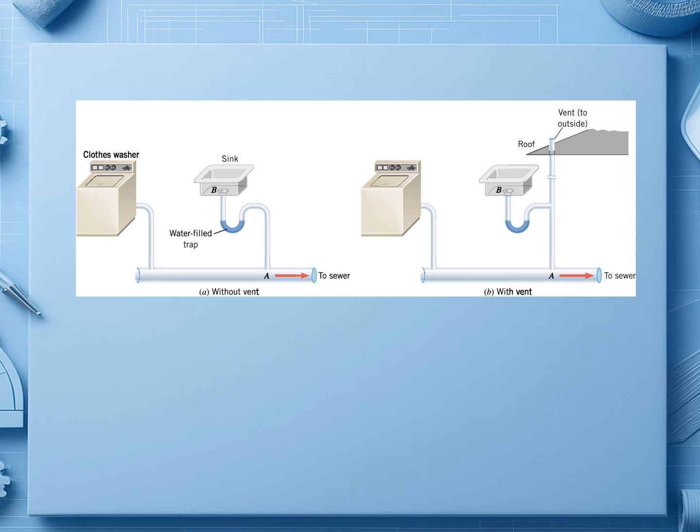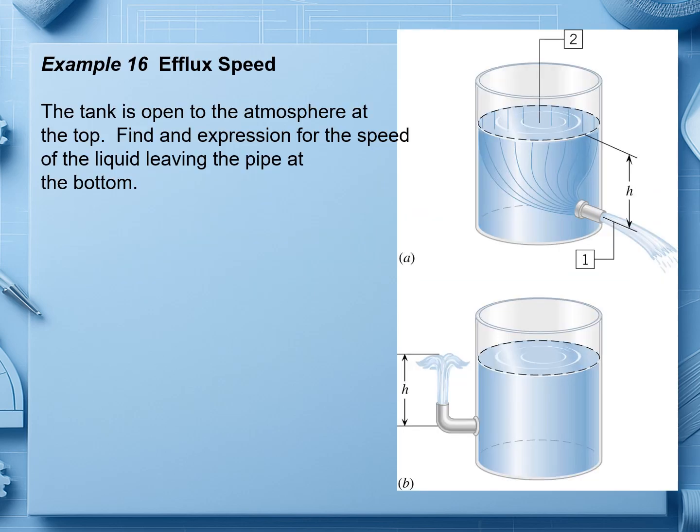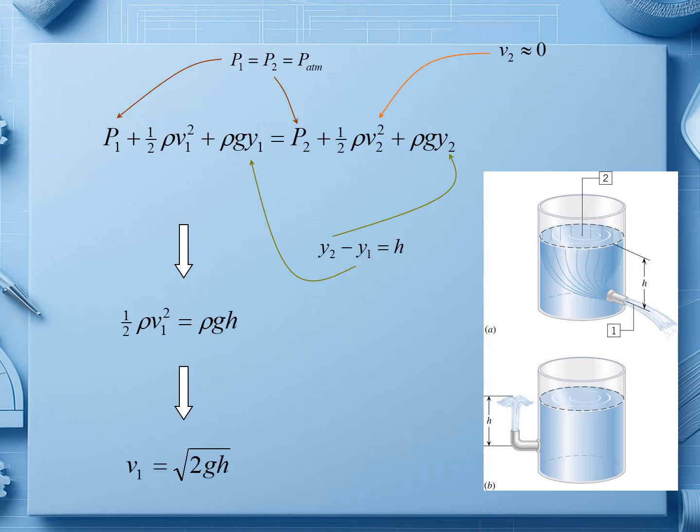Here we derive the speed of liquid exiting a tank using Bernoulli's equation. This helps in designing systems like water towers and reservoirs. The tank is open to the atmosphere at the top. Find an expression for the speed of the liquid leaving the pipe at the bottom. So we have here pressure 1 equal to pressure 2 equal to atmospheric pressure.